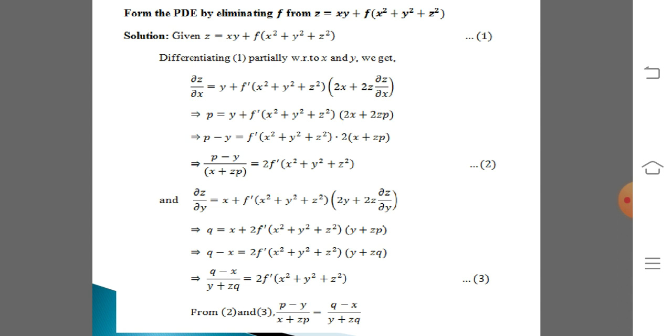we have to take the given equation as number 1, and you differentiate equation number 1 partially with respect to x. You get ∂z/∂x. Right hand side we have two terms, one is xy, another one is f of (x² + y² + z²). So you differentiate term by term partially with respect to x.